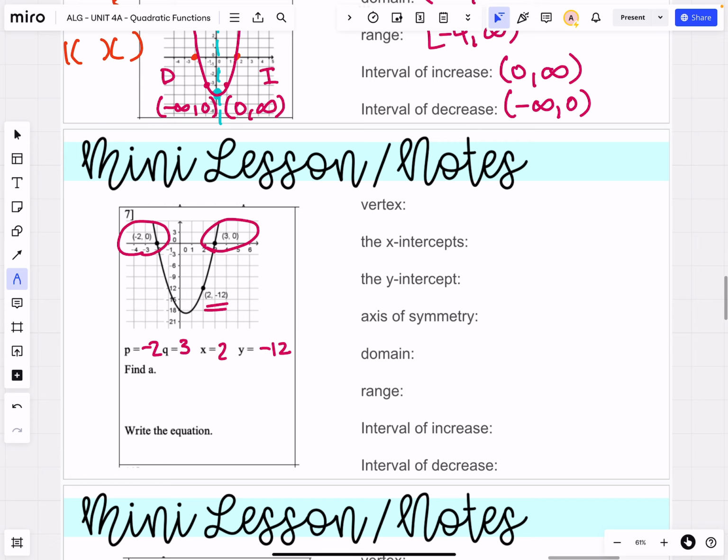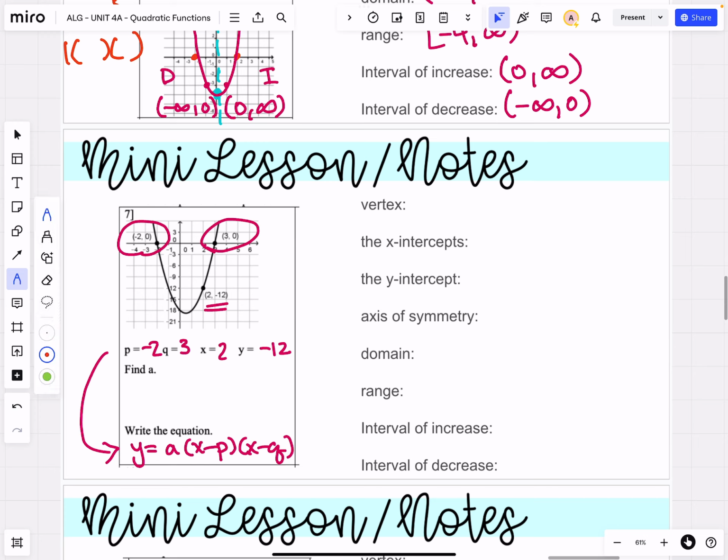Now we need to actually find out what a is. Because remember, our function is going to be written y is equal to a times x minus p times x minus q when we're writing intercept form. All right. So we're going to put everything into this formula that we just collected. The only thing that's not going in is a, because that's what we're trying to find.